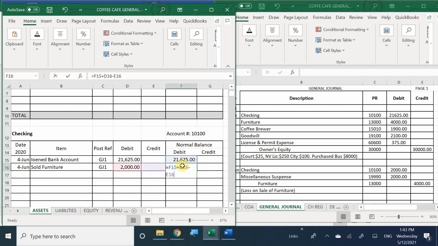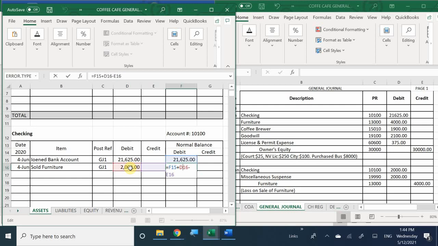All right. And then once again, the great thing about Excel is now that we have the formula in there, right? So once again, it's going to take the previous balance above it. Okay. It's going to add any debits in that same row, and it's going to subtract any credits in that same exact row. So in this case, if you ever deal with a debit or a credit, it will calculate it accordingly how we have it in the formula.